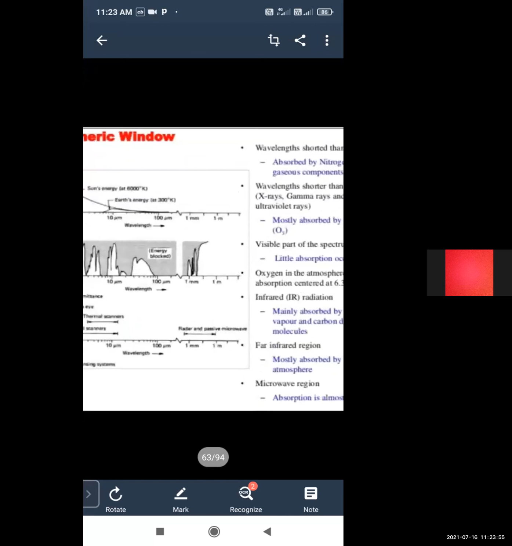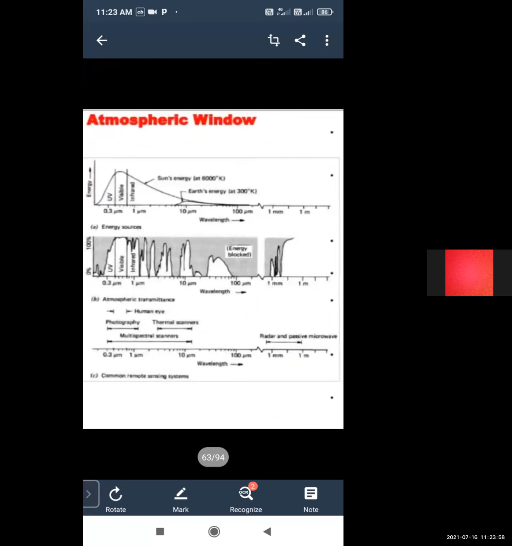So see the diagram. Here the energy versus wavelength graph is given. Ultraviolet, visible and infrared are generally not absorbed, so these pass through the atmospheric window.